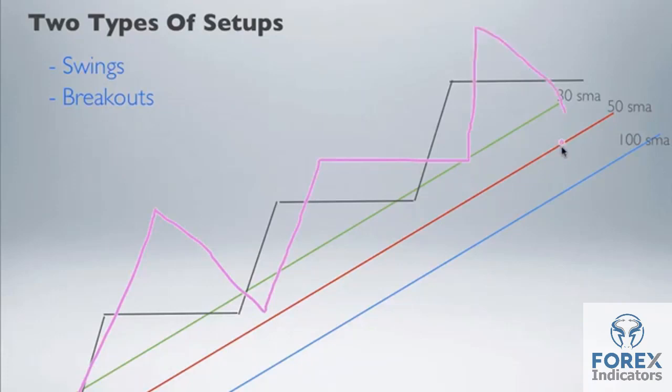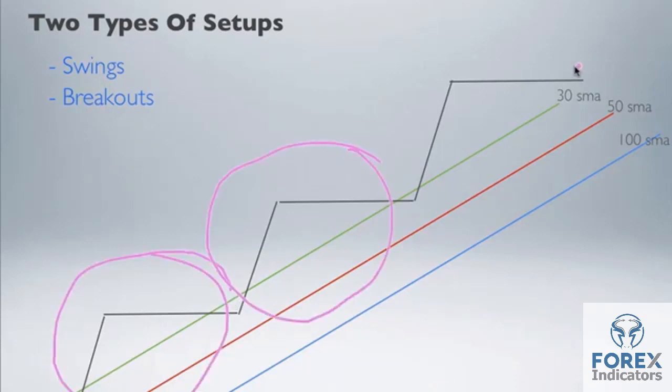So you can find combinations of both swings and breakouts within the same trend, and that's why I want to explain both approaches, so you are ready to trade whichever of the two types of setups you find on each consecutive wave, on each consecutive swing.